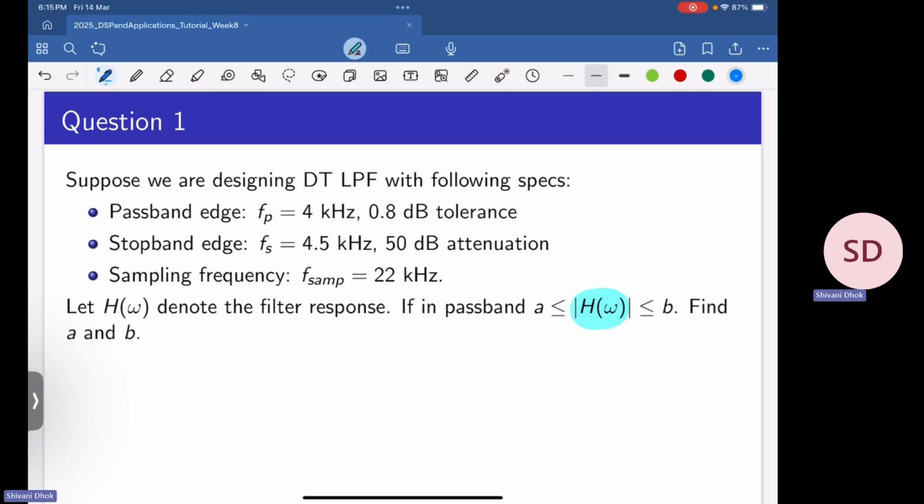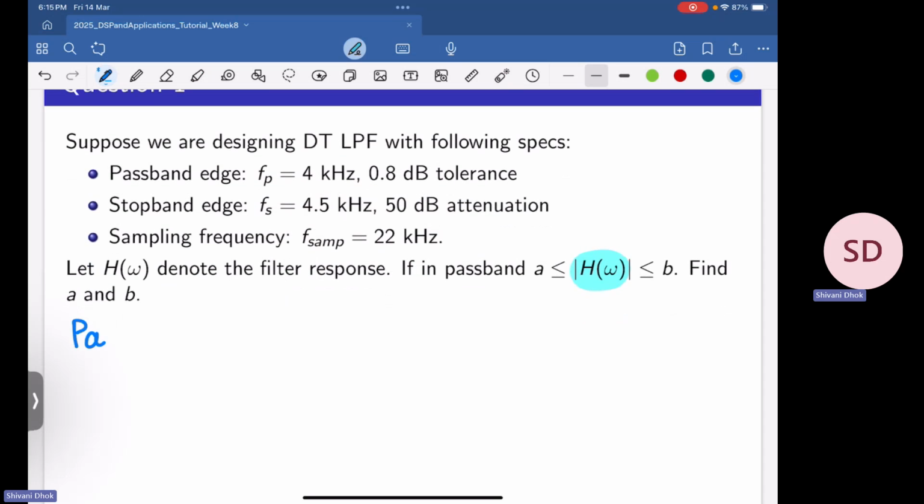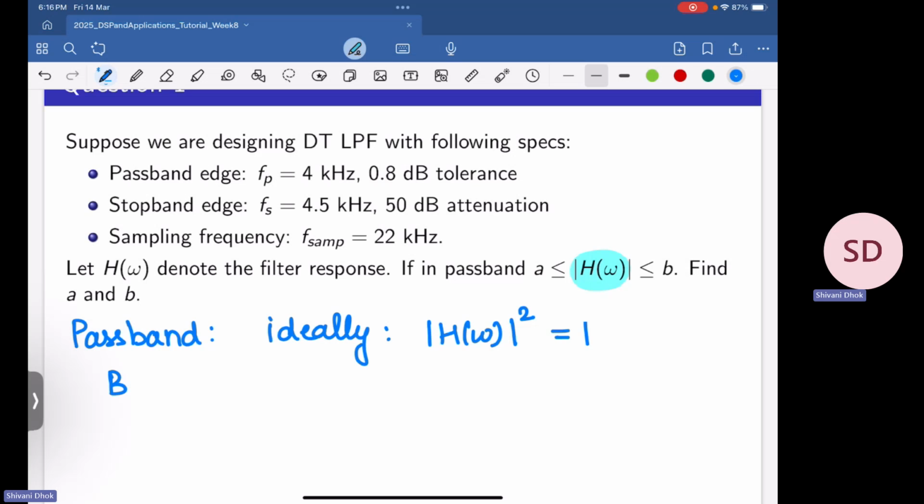So now in the pass band, ideally magnitude of H of omega squared should be equal to 1, which is equal to 0 dB.